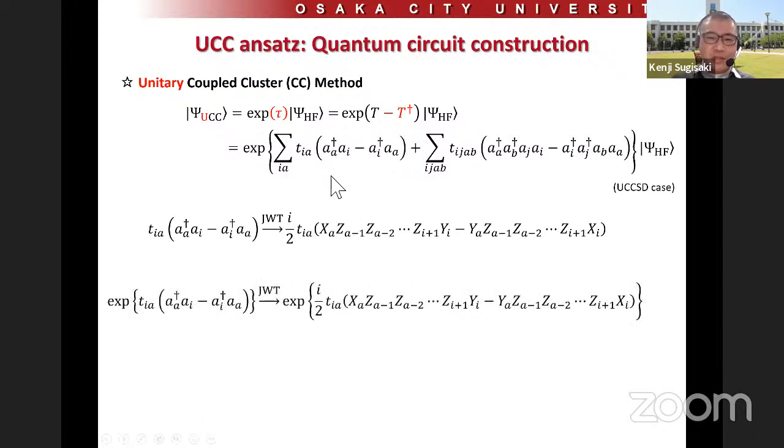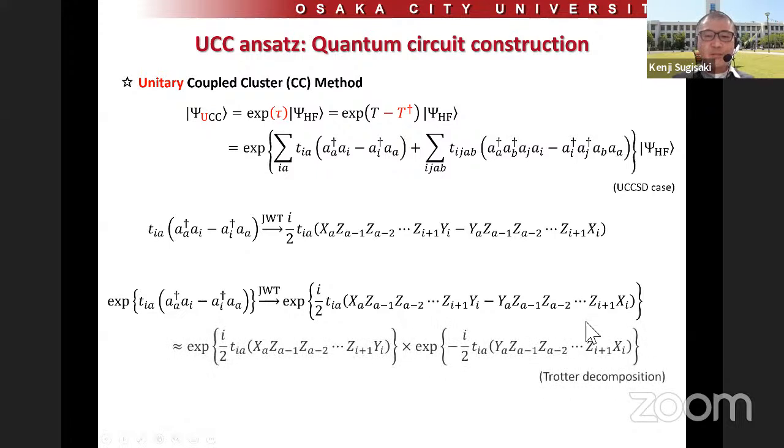Applying this, the excitation exponential operator, the cluster operator, can be rewritten as shown here. So we have an exponential function with two Pauli strings.